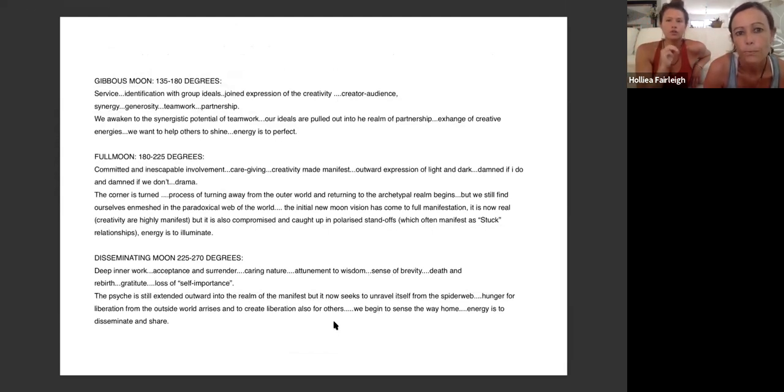And for your lunar fertility, there's 3 days around, so a day before and a day after your natal moon phase that you have the potential to be fertile. And you will feel this creative energy in yourself.